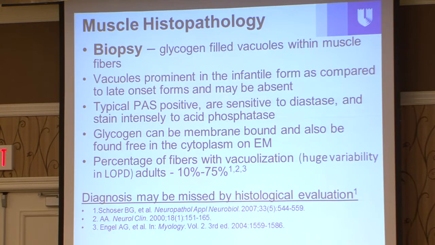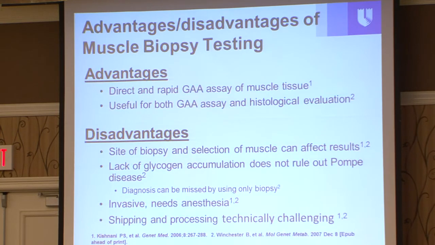And this vacuolization in late onset Pompe disease has a huge variability, ranging from 10% vacuolization to 75%. So it could be diagnostic, or you could miss a diagnosis if you just look at the vacuolization and membrane-bound glycogen.